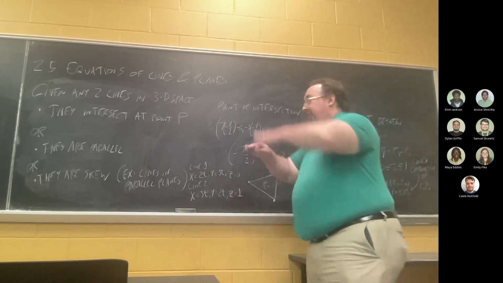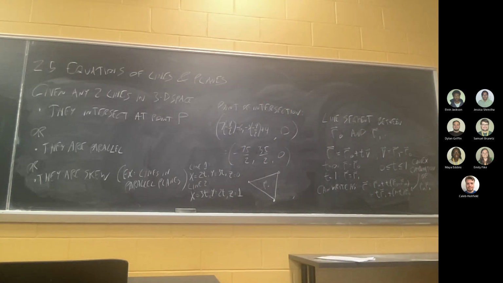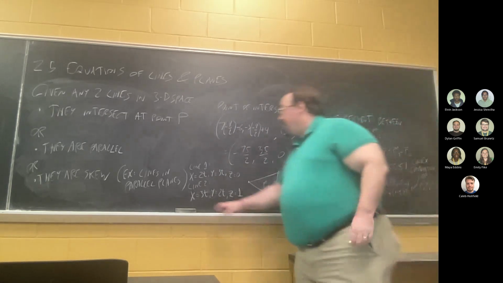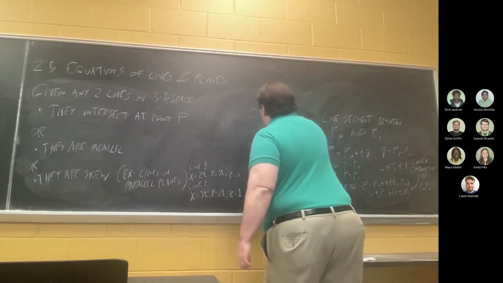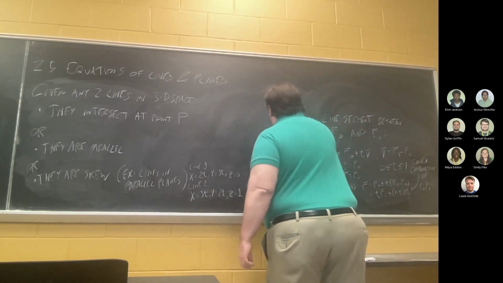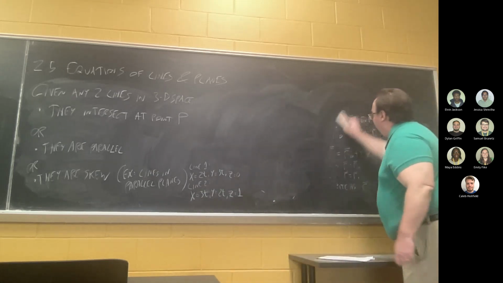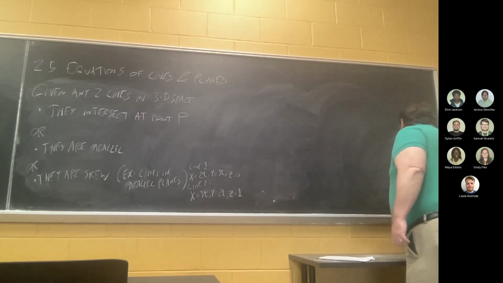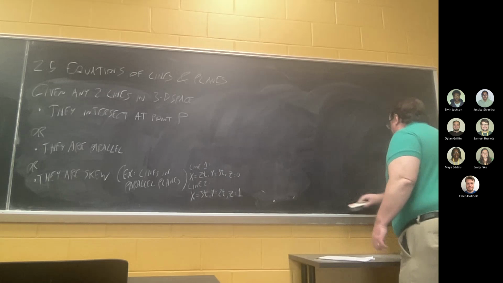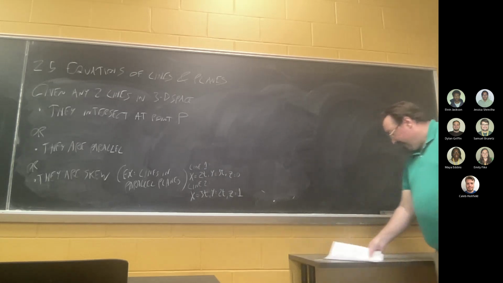So these sit in planes that are 1 unit apart, so they'll never meet, but they're not parallel either. The idea is, if you're given two lines and you're not sure whether they intersect, are parallel, or are skew, you can attempt to find an intersection point. And if you're unable to, then it's a matter of asking, okay, are they parallel or skew?